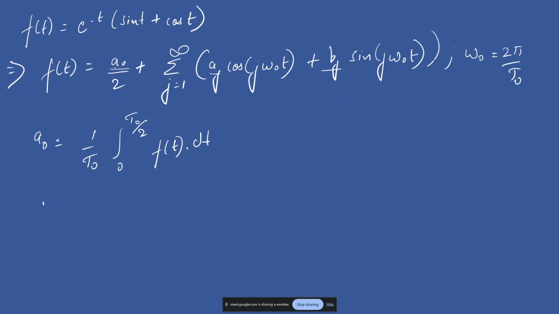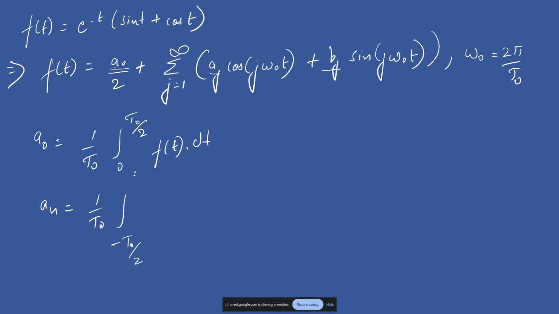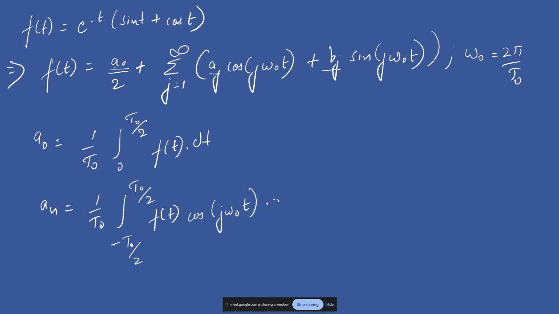Your an is given by 1 by T naught, integral from minus T naught by 2 to T naught by 2 of f(t) cos(j omega naught t) dt, where j starts from 1, 2, 3 going up to n.